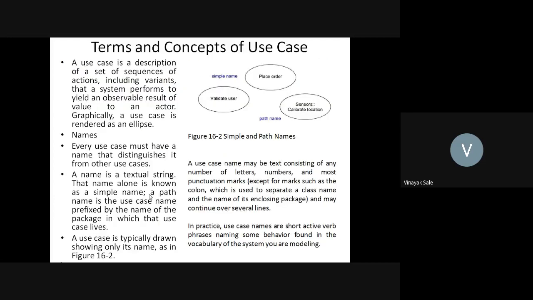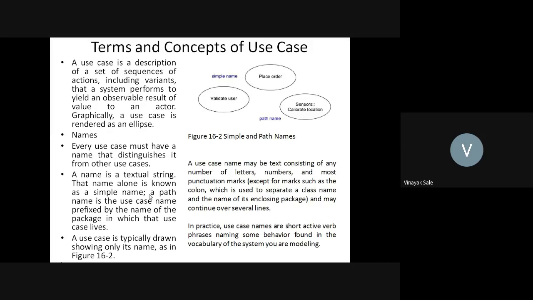So what are the terms and concepts regarding the use case? A use case is a description of a set of sequences of actions, including variants, that a system performs to yield an observable result of value to an actor.